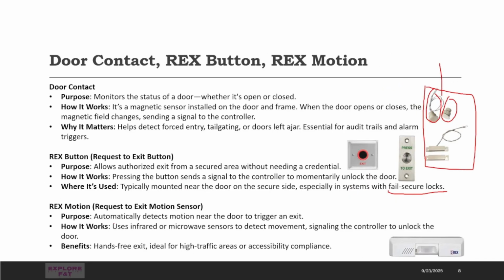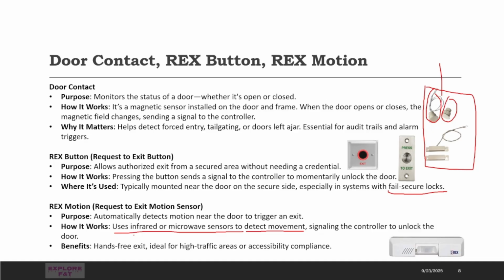Next one, REX motion. REX motion automatically detects motion near the door to trigger an exit. If you come near the door, they use an infrared or microwave sensor to detect the movement. If any movement is within range of that door, it will sense it and send a signal to the controller to unlock the door.